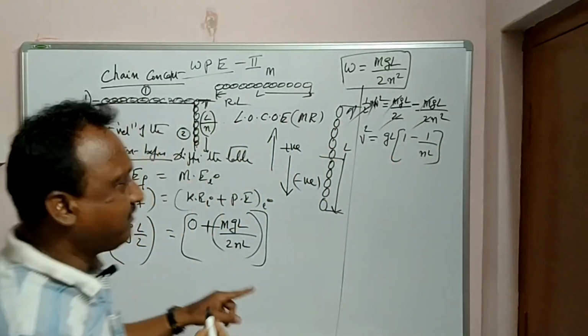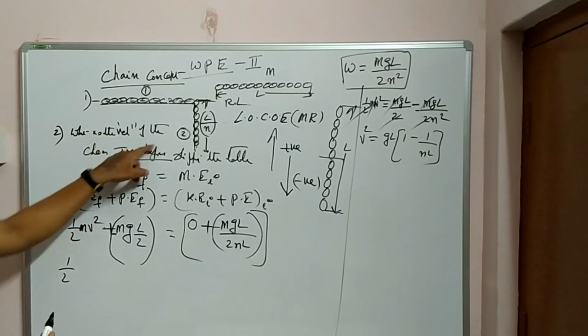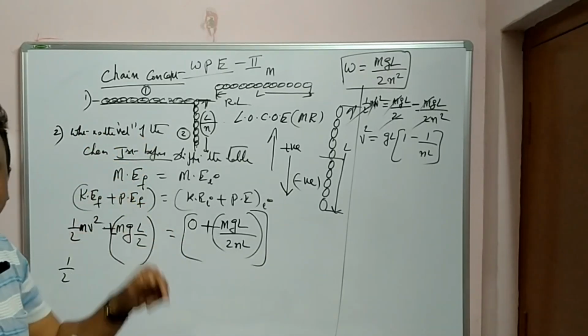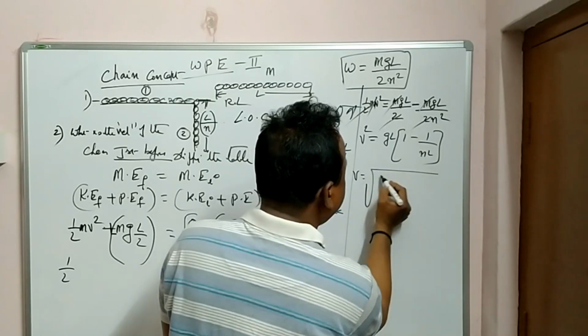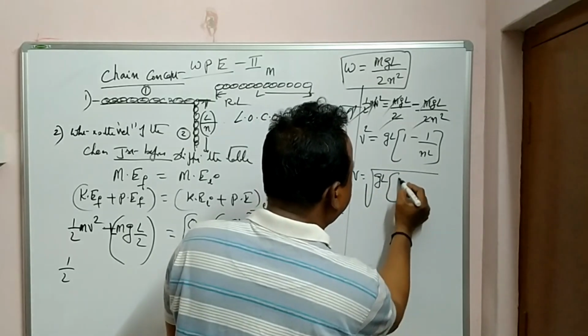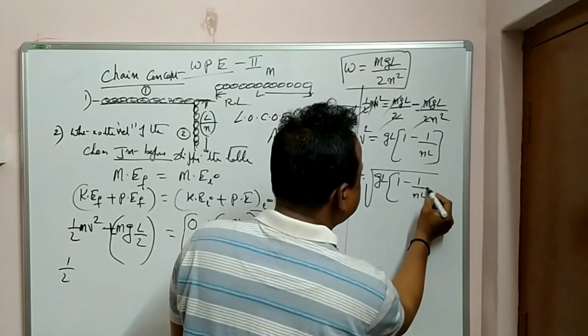But I want V. What is the velocity of the chain just before slipping off the table? So V is equal to root over g into L into 1 minus 1 by n square.